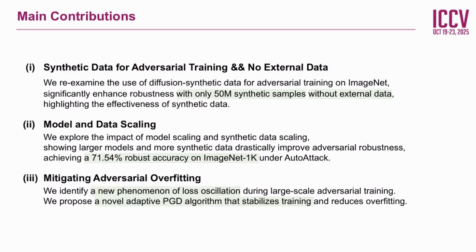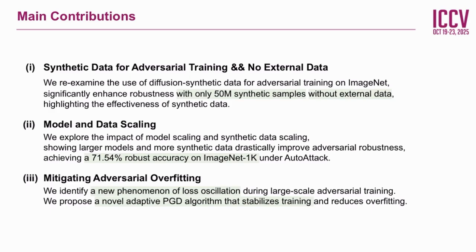And we demonstrate our contributions. We demonstrate that 50 million synthetic samples enhance the adversarial robustness on ImageNet, without relying on any other external data, showing the power of diffusion-based synthetic data. That is the initial improvement.